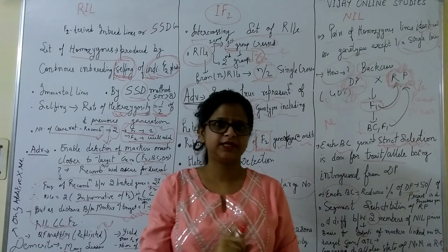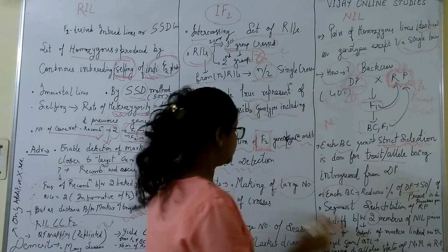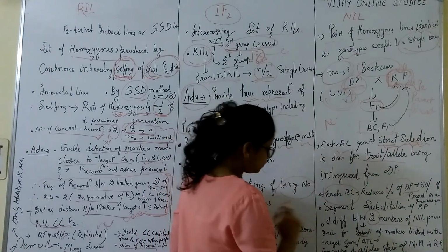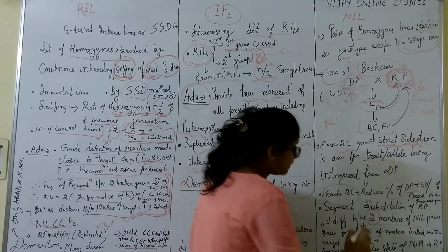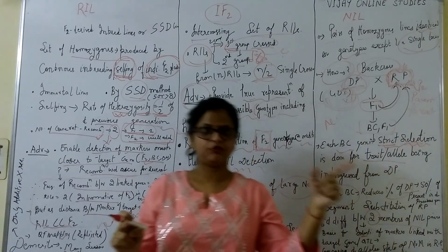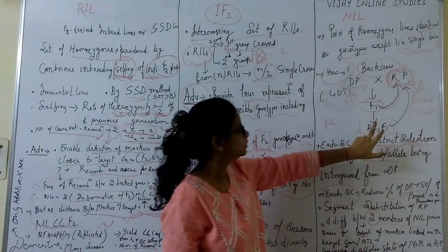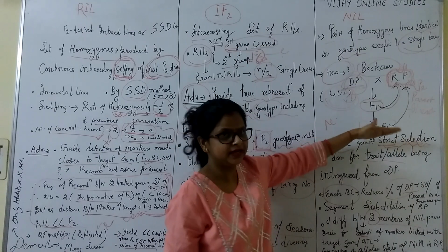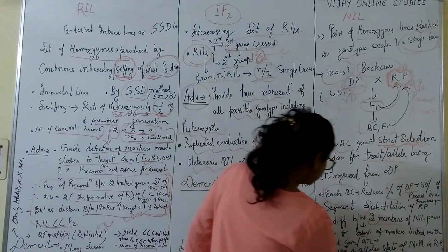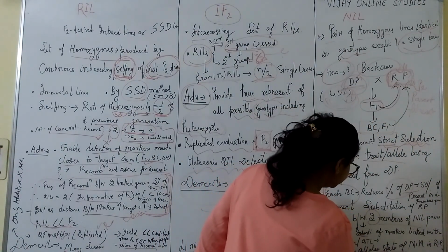Now, how will you recognize the difference between these NIL lines? To recognize this difference, you have to compare the allelic state of the molecular marker in the recurrent parent with its various derived NIL lines.